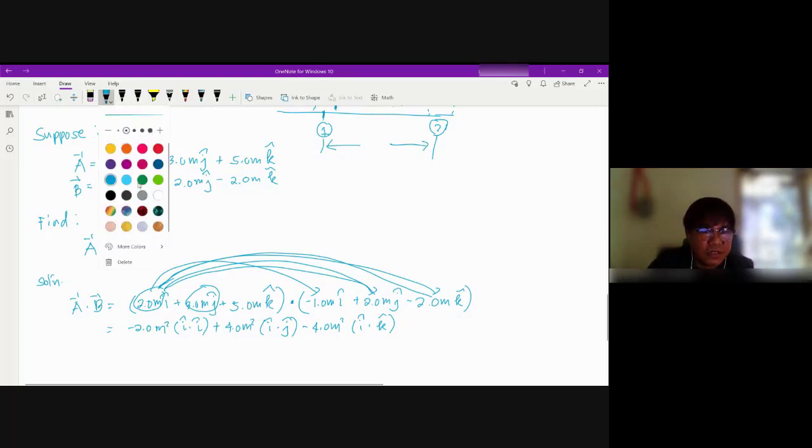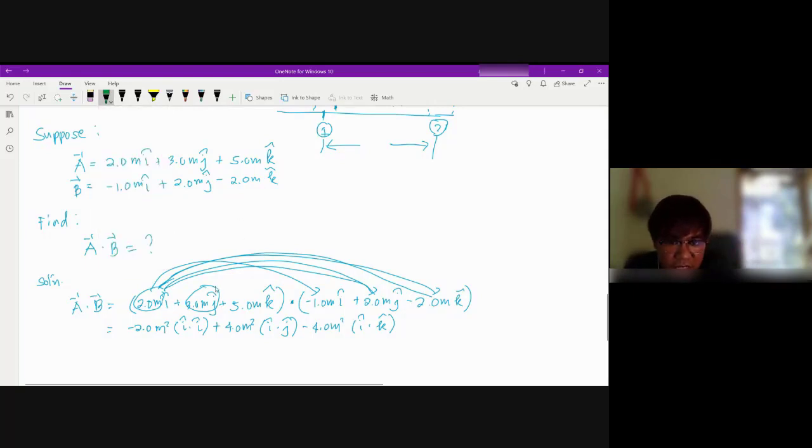I will change color so that you can see it better. So this times that: positive 3 times negative 1, that is negative 3 meters square. And then you have j hat dot i hat.